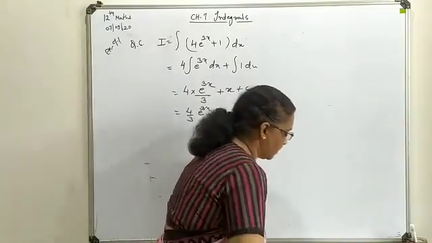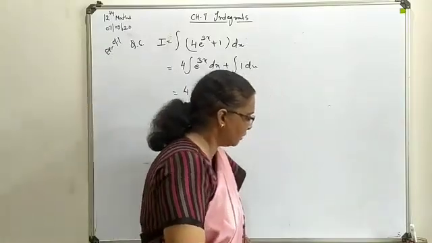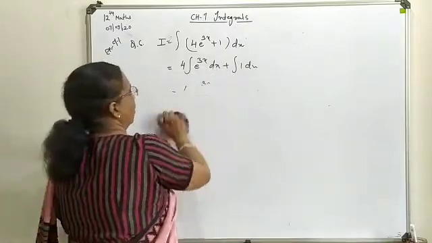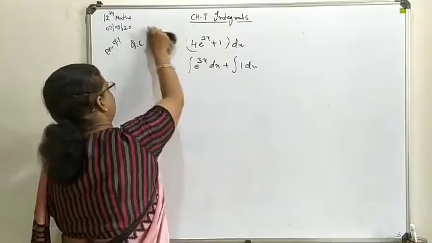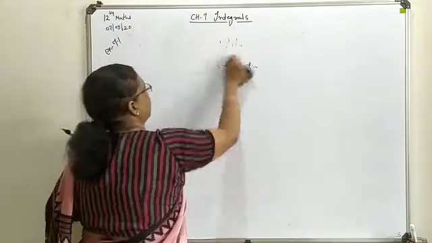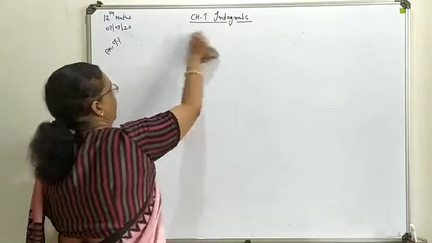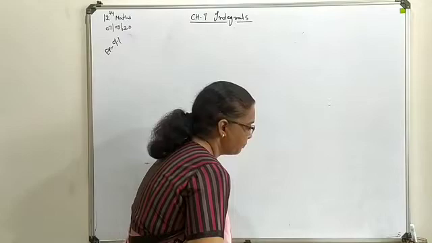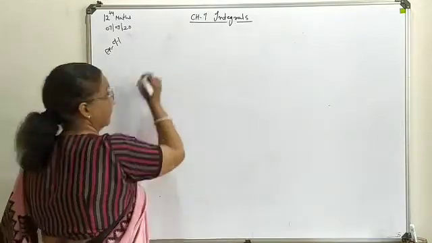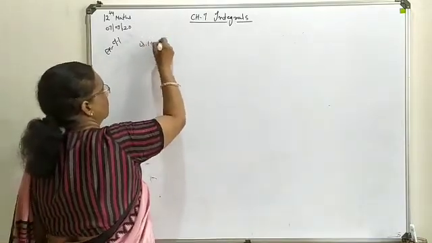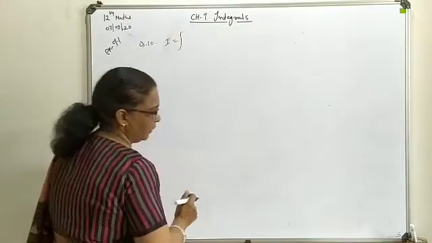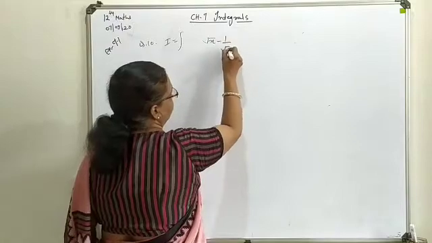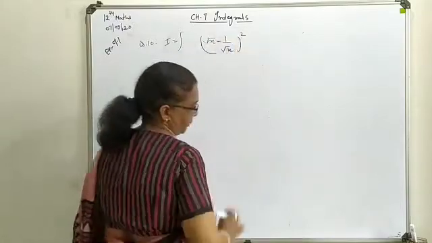Now next we are going to discuss question number 10. Almost all questions are of the same category, so I am going to discuss some of the questions which have a different combination. Here question number 10 is the integral of (under root of x minus 1 upon under root of x) whole square.